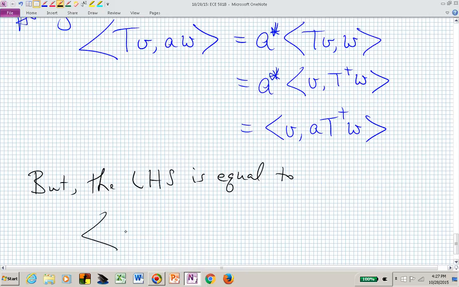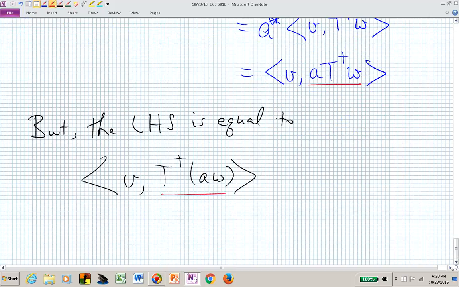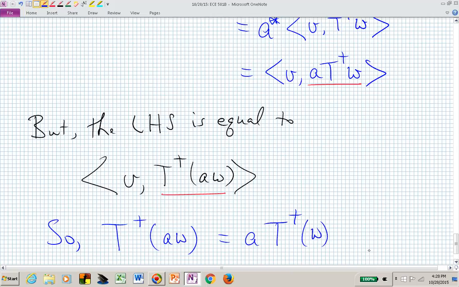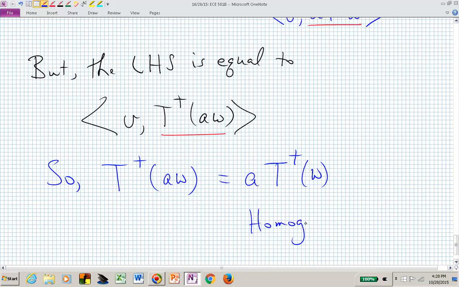Moving that T to the second slot, we now have T dagger applied to the vector W that's scaled by A. And now if I equate these two second slots in my inner product, I can say that, in fact, T dagger operating on a scaled W, where the scalar is A, is equal to A T dagger W. And now I've just demonstrated homogeneity.